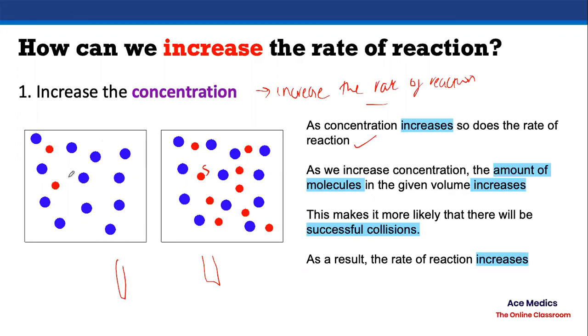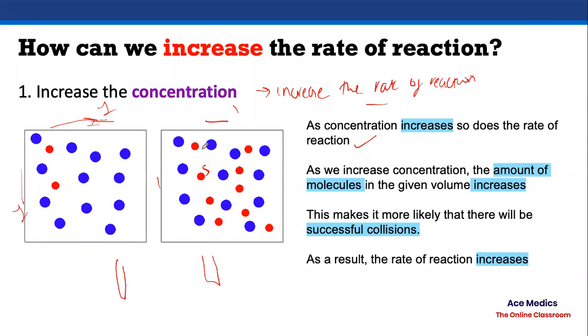So in this case, if that was 1 centimeter, which it is not, but say that was 1 and that was 1, the volume of this is the same as this, which is also 1 and 1. So the volume is the same, and in our practical we're keeping the test tube the same.